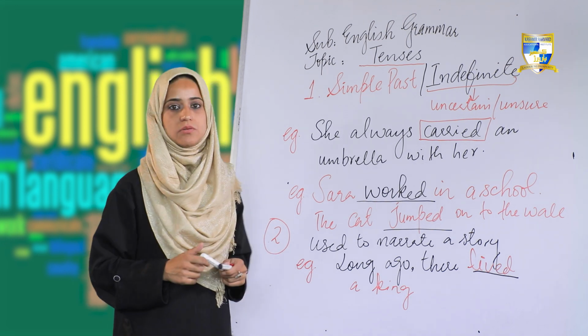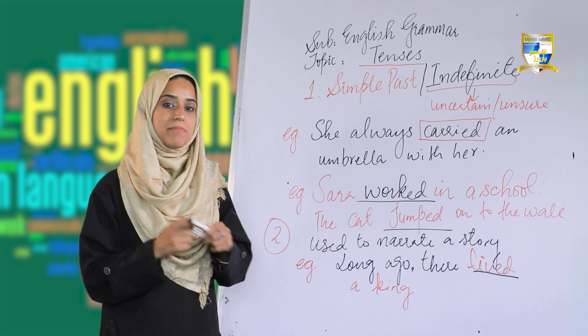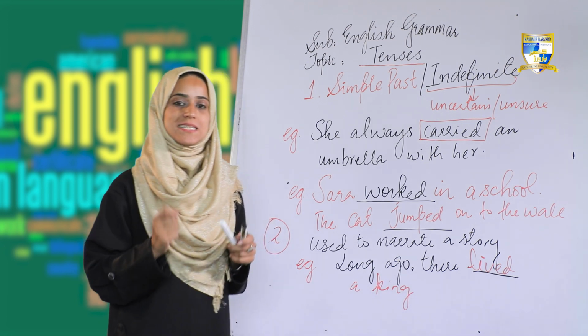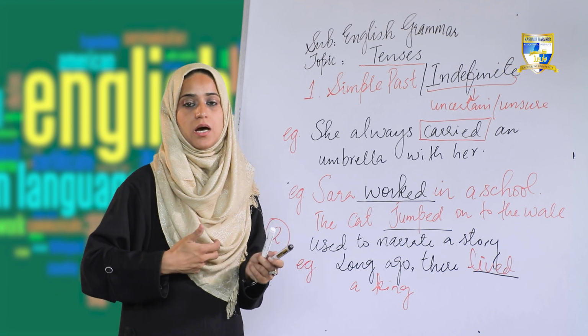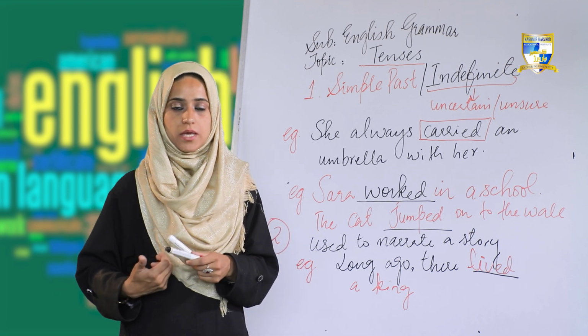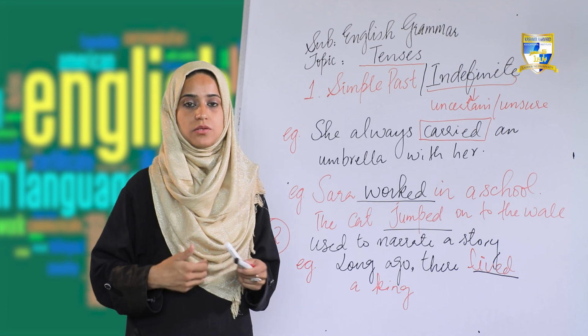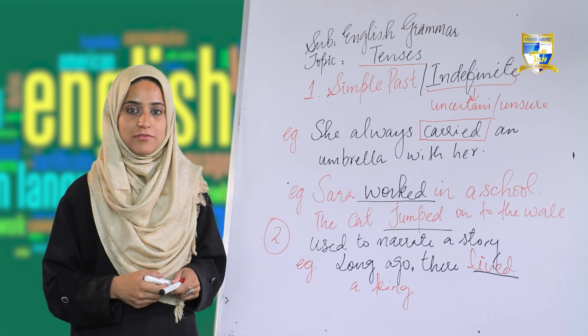So the three main uses of simple past tense or past indefinite are these. These tenses indicate the time of an action that happened in the past, sometime before, and are usually followed by adverbs of time.